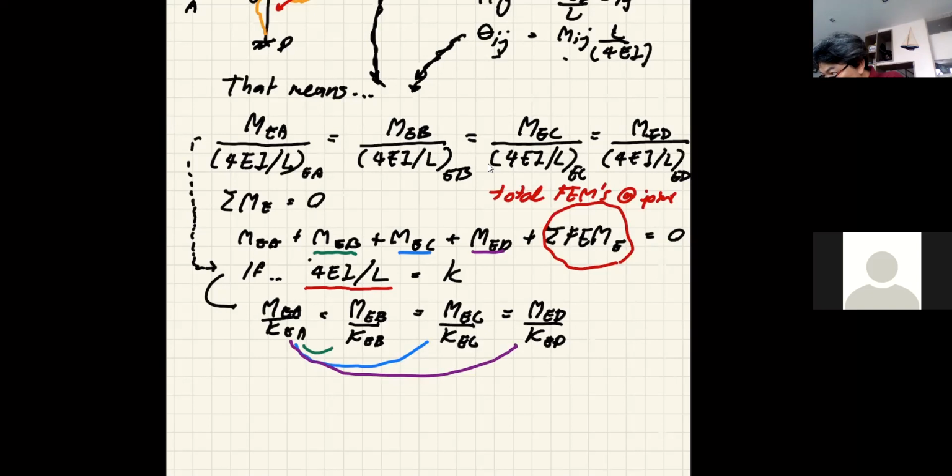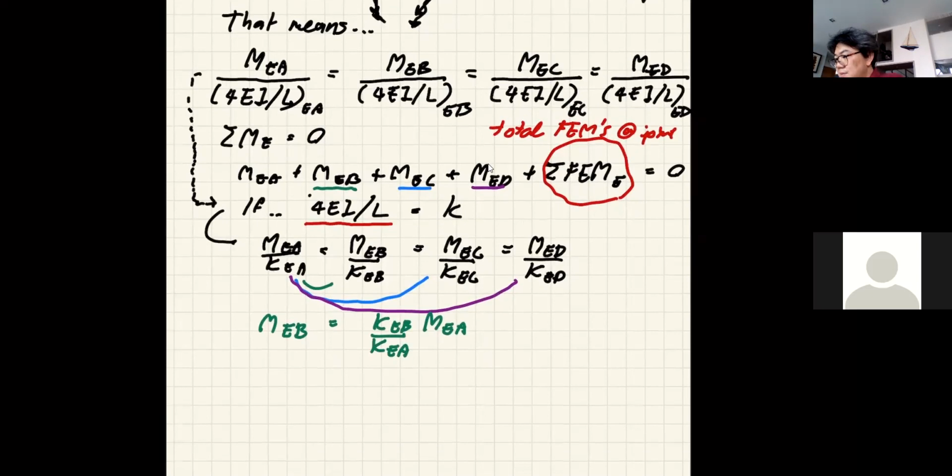So let's begin with the green one. I can say that MEB is equal to KEB over KEA multiplied by MEA, right?